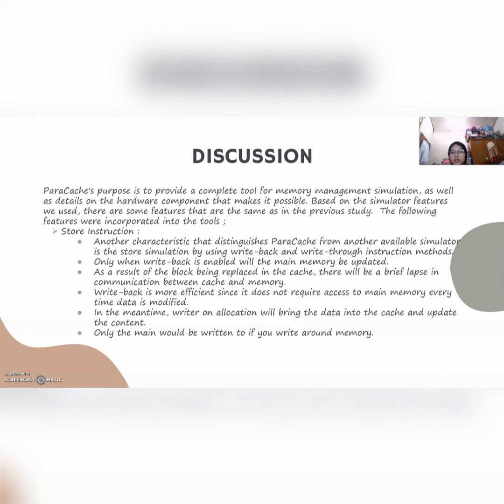Write-back is more efficient since it does not require access to main memory every time data is modified. Meanwhile, write allocate will bring the data into cache and update the content. Only the main memory would be written to if you write around.